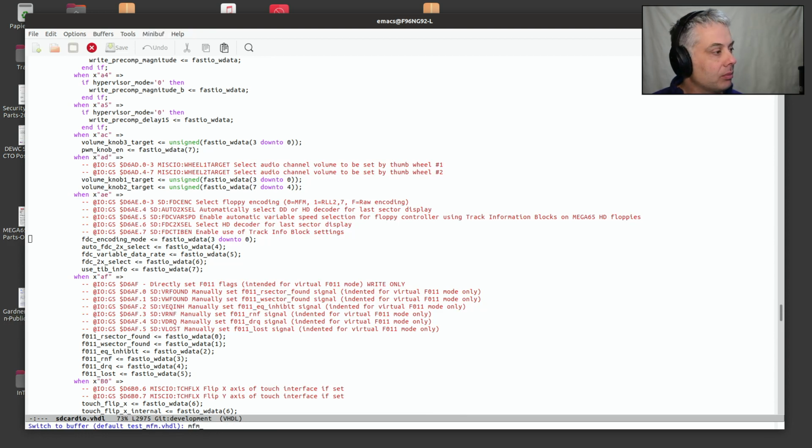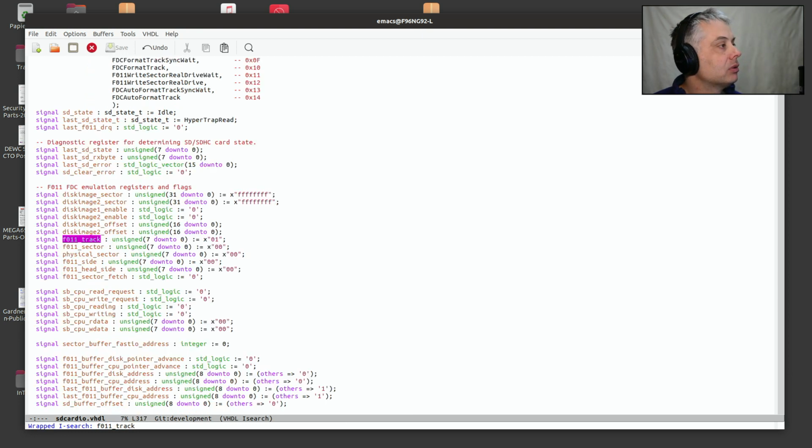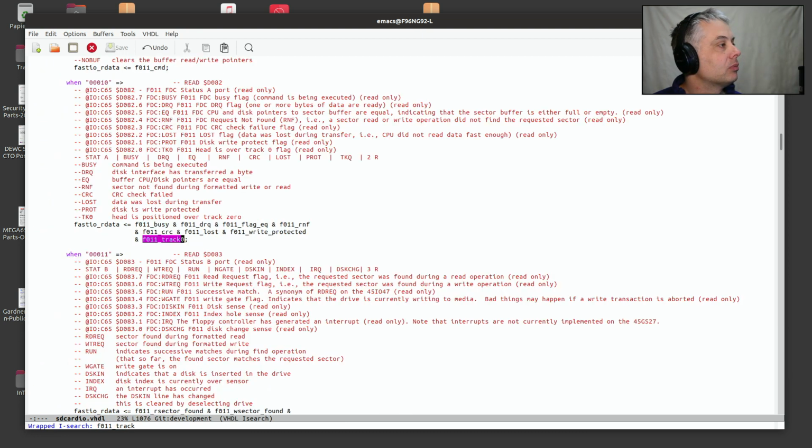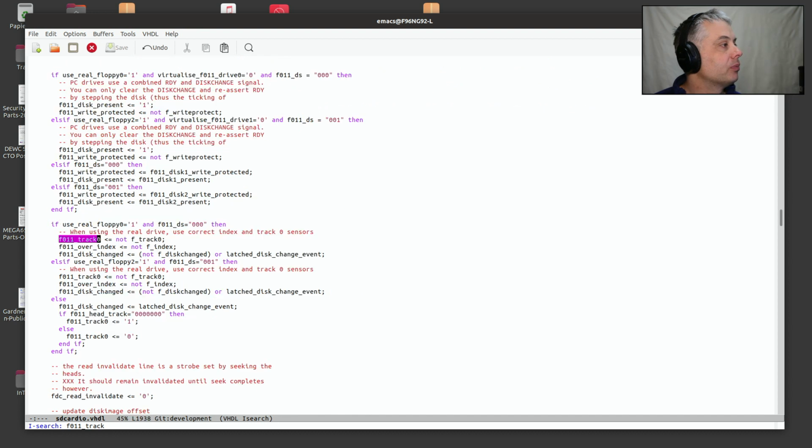MFM. Oh, it is in here, isn't it? So it's X65. So we write the track number, F011 track, which is from D084.